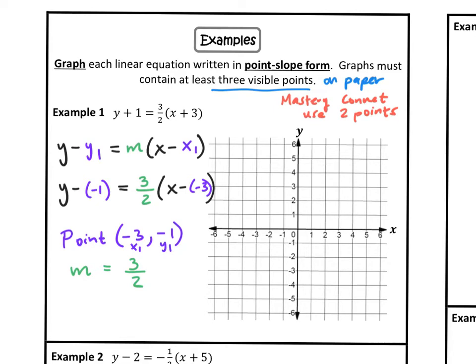Okay. All right. Now, step 1, graph the points. We're going to graph this point first. And I like to graph with blue. So we're going to look for negative 3, negative 1. So starting in the center, we go to the left 3, 1, 2, 3, and we go down 1. And so our first point is going to be here.